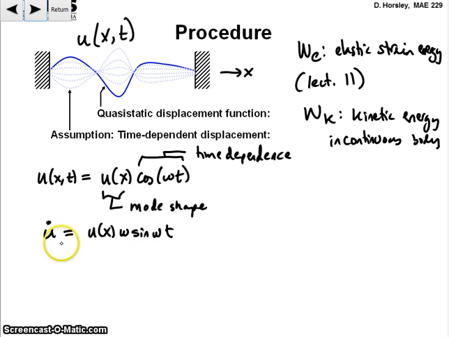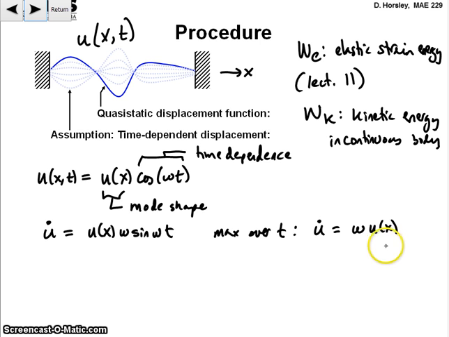And now remember that we only care about the maximum velocity amplitude as a function of time, okay? So maximized over time, we find that u dot is equal to omega times u of x. Okay, so that gets rid of this sine omega t. We want to find the maximum velocity over time at each point x.